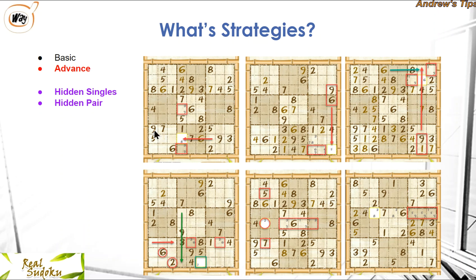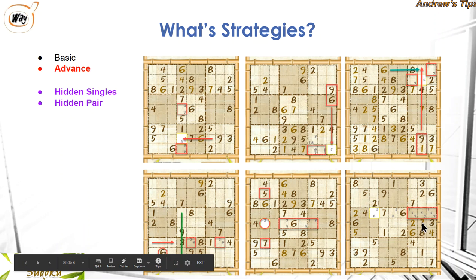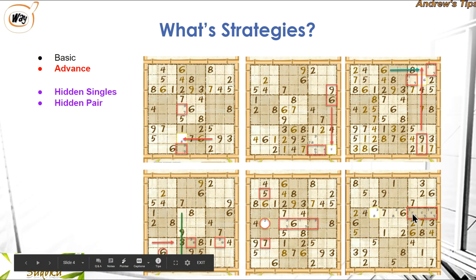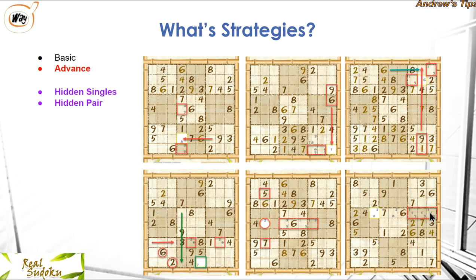Another one is a hidden pair. For example, just like the other one, the three empty cells in this region, we already know, are 1, 5, 9 here. So in this column, except 1, 8, 9 and 1, 5, 9, only 3, 8 is left here.